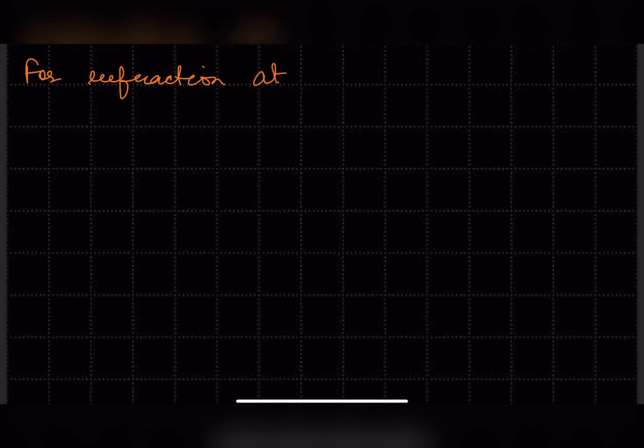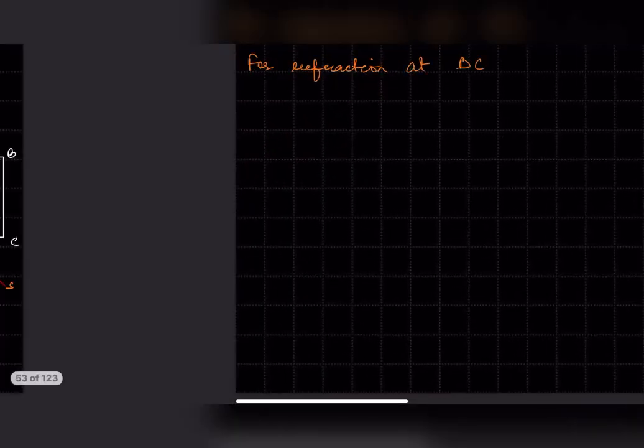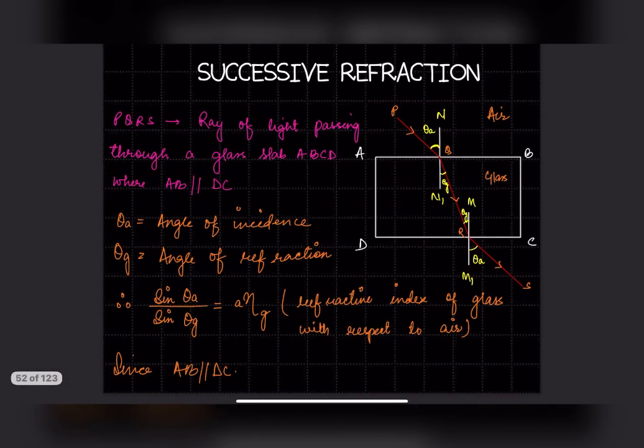at the second interface, refraction at DC. What do I mean? I want to discuss refraction at this point. What will happen?